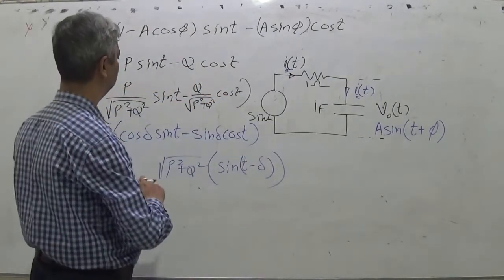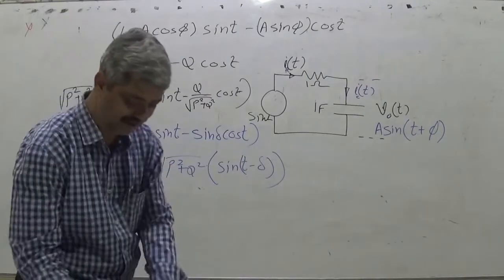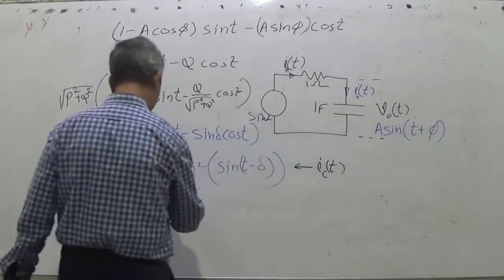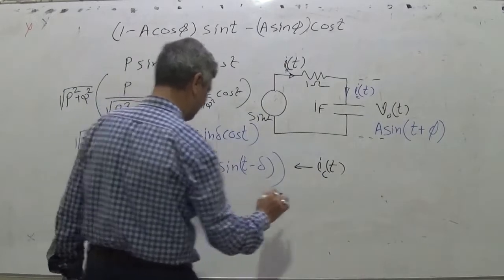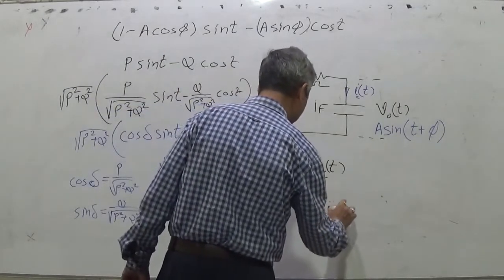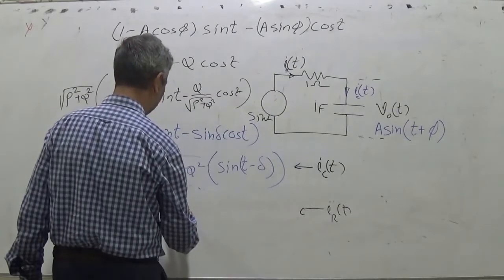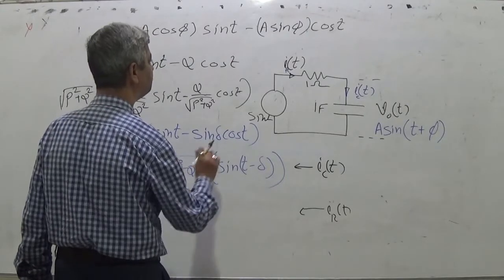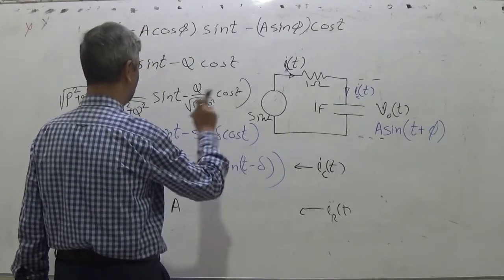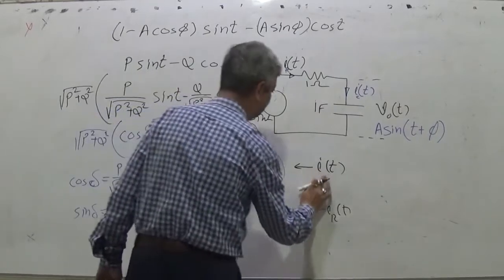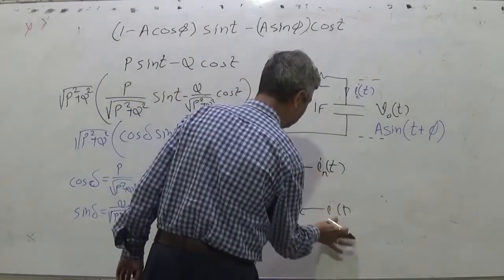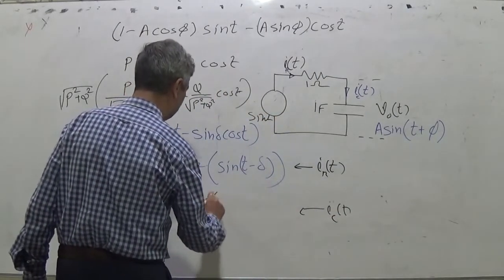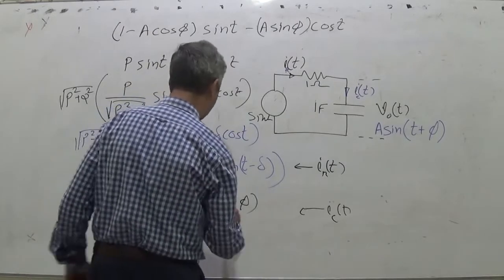So sin of t minus delta, and what is this? This is I_C(t). The p, q, delta you have to replace. And what is I_R(t)? I_R(t) we have found, and I_C(t) we have already found as a cosine of t plus phi.